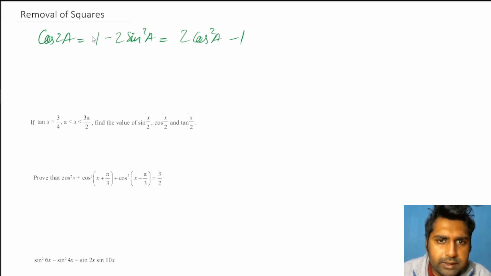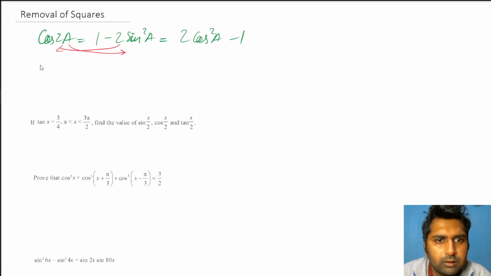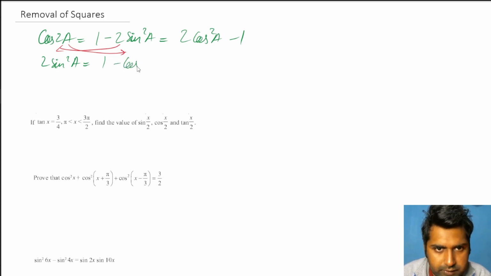If I use only these two and I try to generate only single sine square, I can take this term here and this term here, so we'll get two sine square a is equal to 1 minus cos 2a.